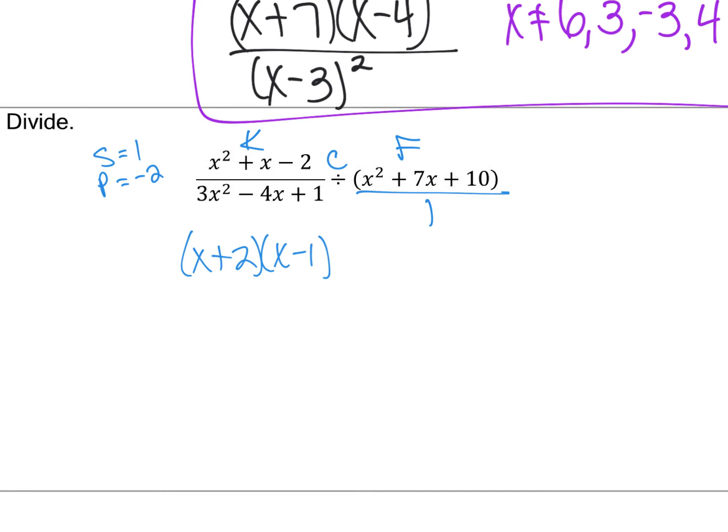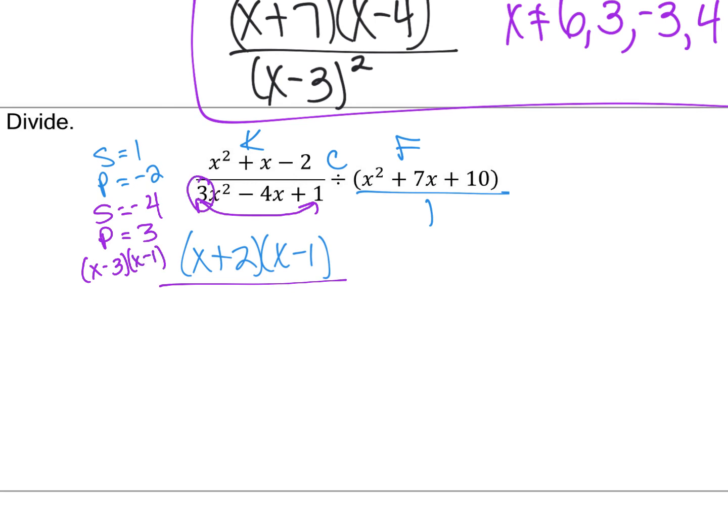Second, or the first denominator, sum is -4. Now, on all of these so far, the x squared has had a 1 in front. So make sure you don't forget to do 3 times 1. So product would be 3 there. So the denominator we would have, that would be x minus 3 and x minus 1.